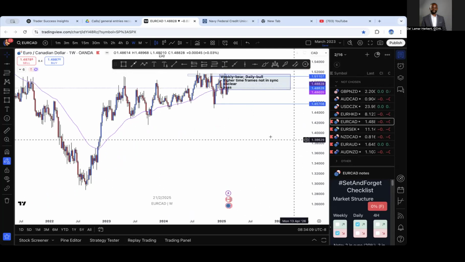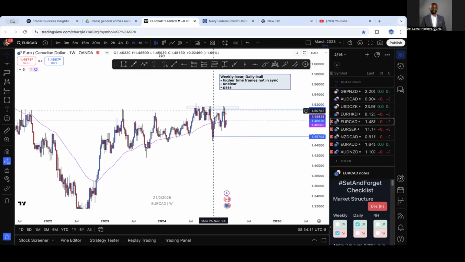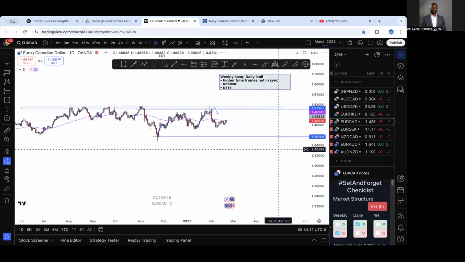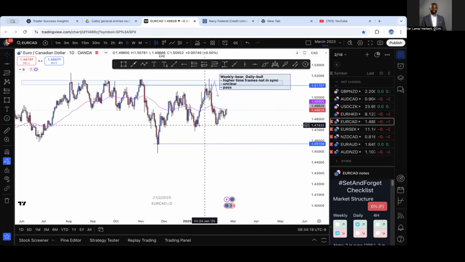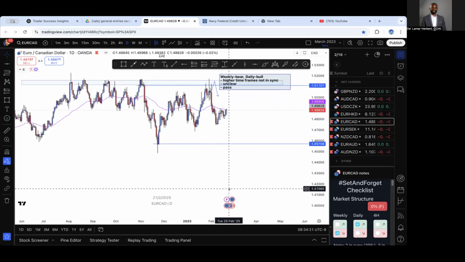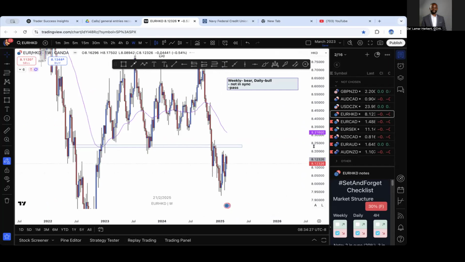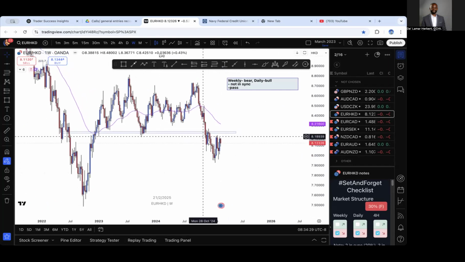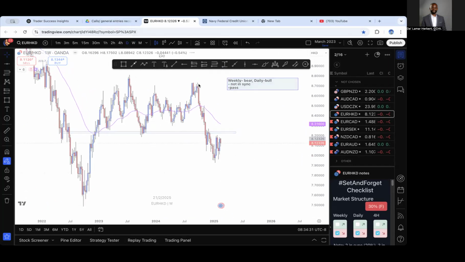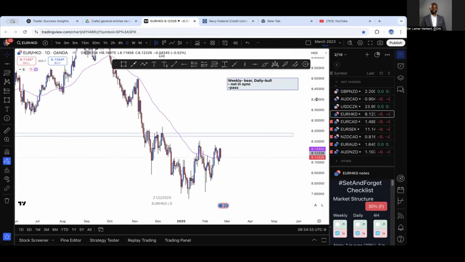Euro CAD, weekly, higher time frames not in sync. We got weekly is bearish, daily is bullish, okay, pass. Euro HKD, weekly is bearish, daily is bullish here, not in sync, pass.